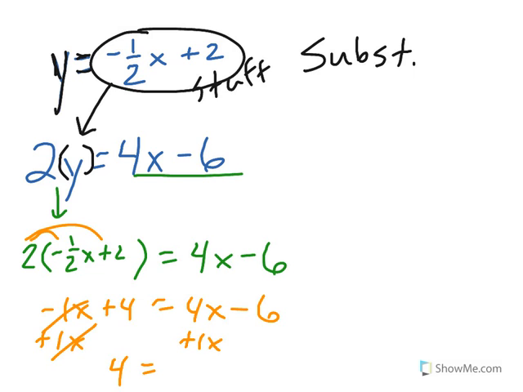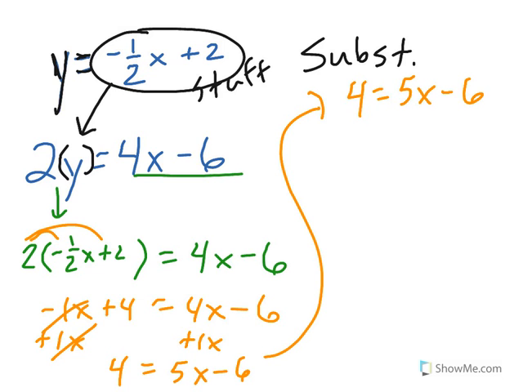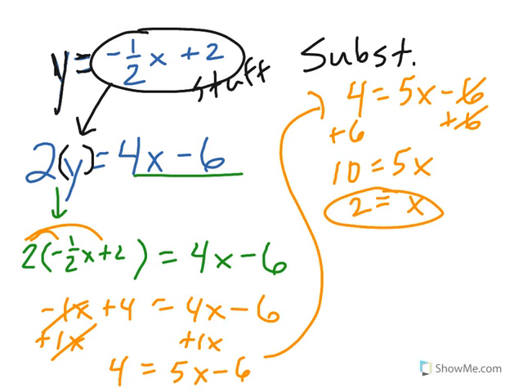And that gives me 4 equals 5x minus 6. Okay, let's go back up here. 4 equals 5x minus 6. Now I'm going to probably add my 6 to the other side because I'm trying to get x by itself. So I get 10 equals 5x. x must be 2. Okay, there's half of my solution.